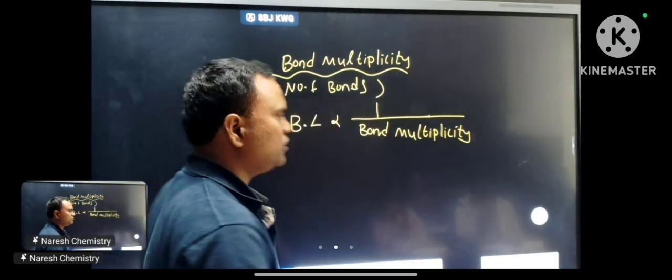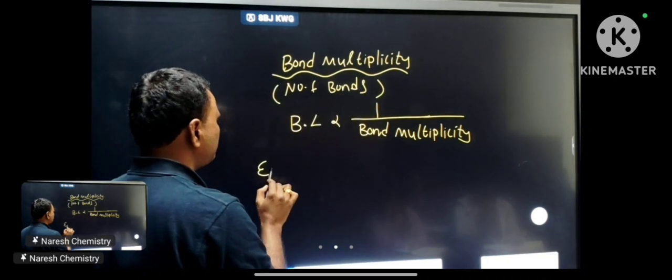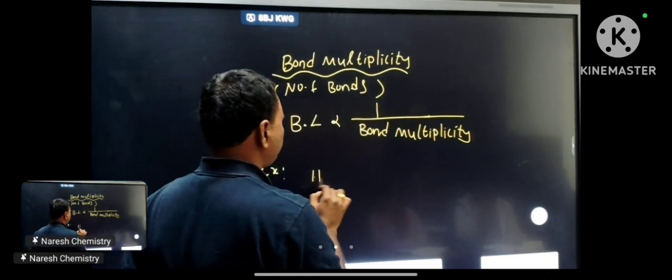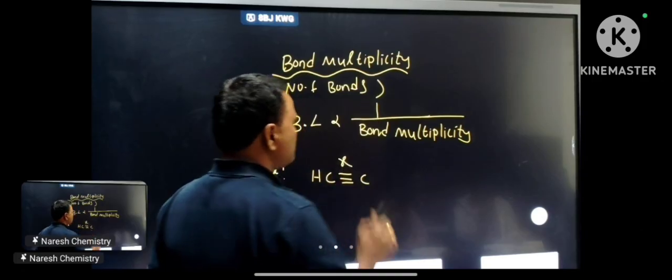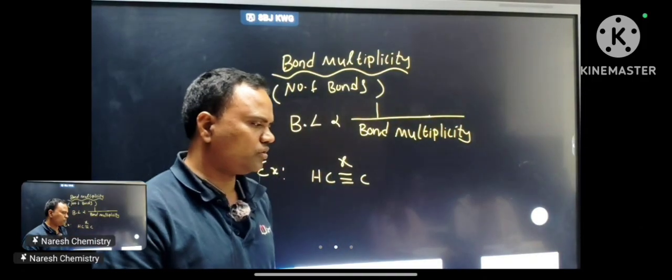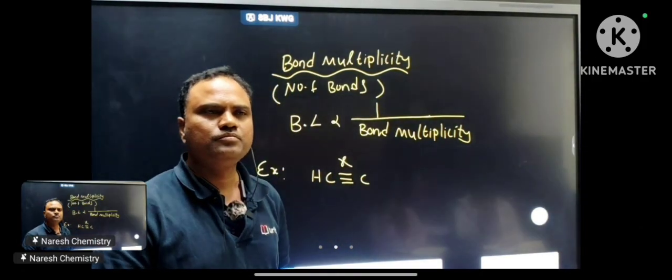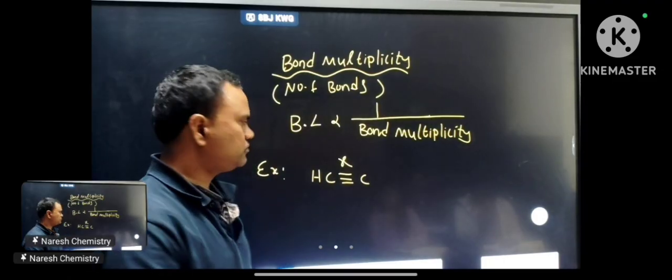Look at this. Let us consider X is the bond length between carbon and carbon.